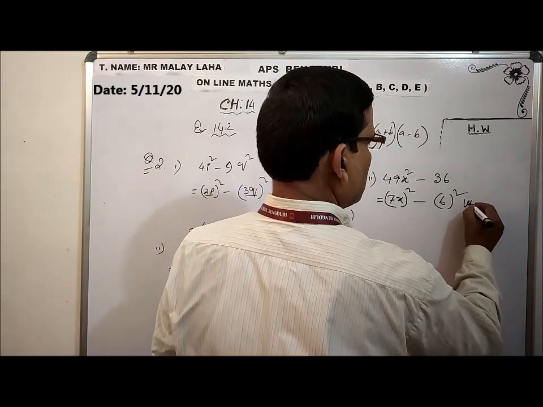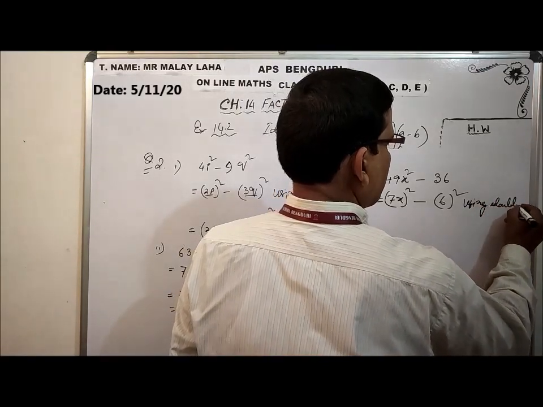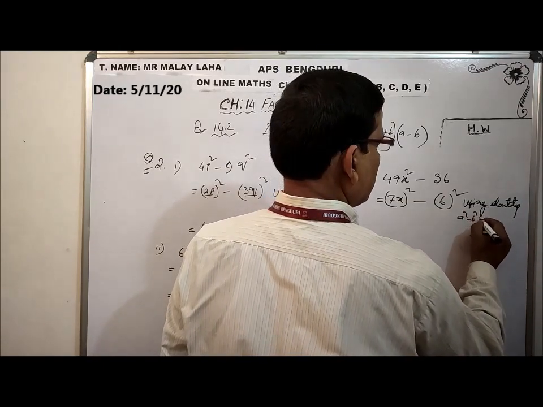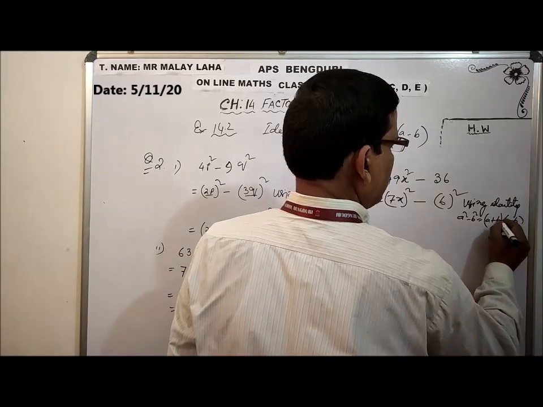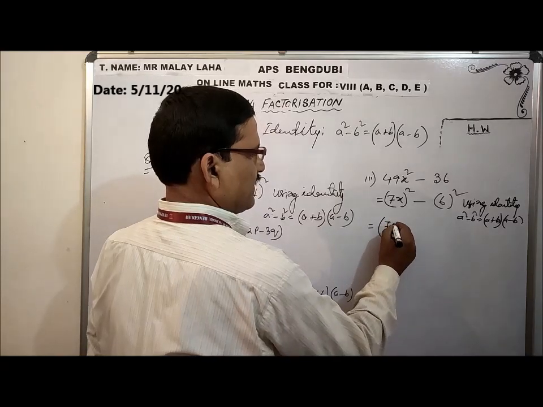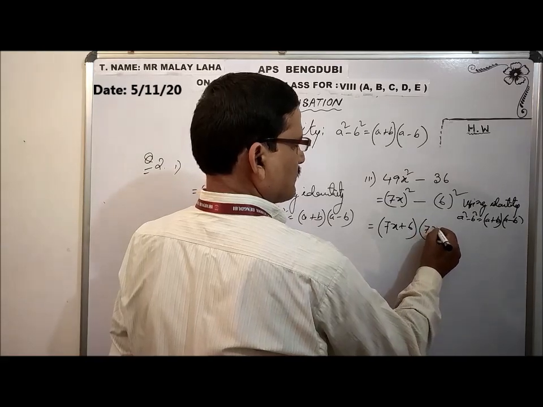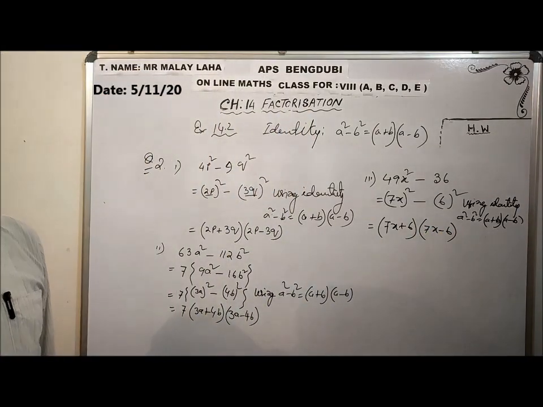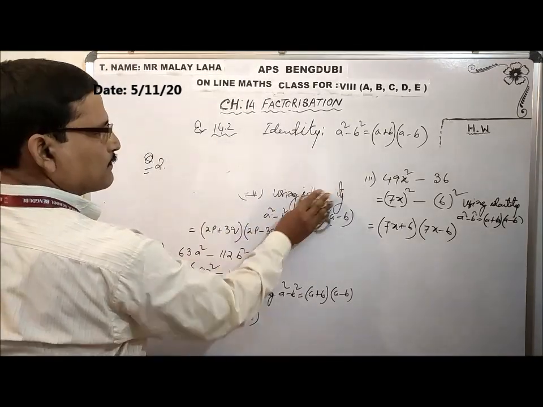Now using the identity a square minus b square equals a plus b into a minus b. Write down properly. Okay, so a is 7x and b is 6: 7x plus 6 and 7x minus 6. Got it? Now I'm coming to the fourth.